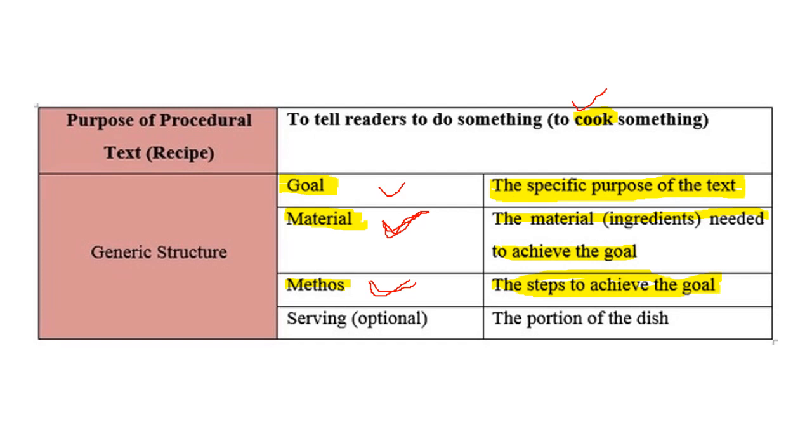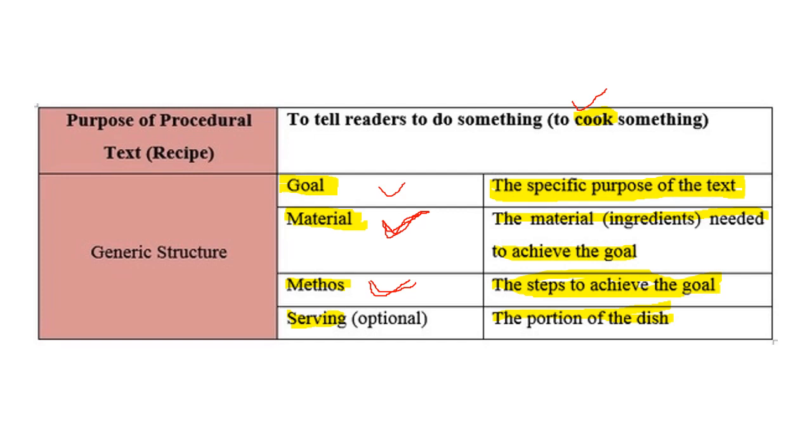Last one, serving. Remember, serving itu hanya ada dalam penulisan menu, right? So it is very optional. You can use that or you also can ignore that. Tapi in term of writing a recipe, kamu membutuhkan serving ini. Apa itu serving? The portions of the dish.